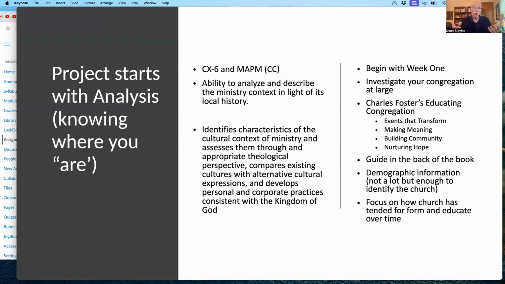Well, it means you go back to week one, as the assignment indicates, and you begin to investigate your congregation at large. I've already coached on this, so this shouldn't be anything new.